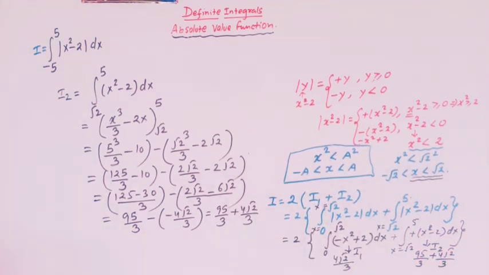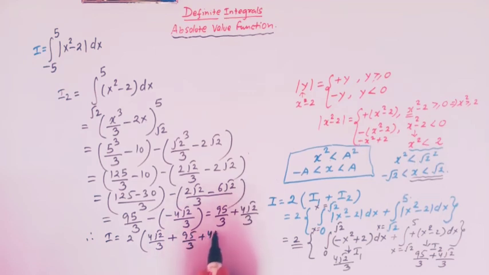Okay, now we can add both the integrals. So therefore I is equal to 2 times, here we have the factor 2, and we have 4 root 2 over 3 plus 95 over 3 plus 4 root 2 over 3, right?